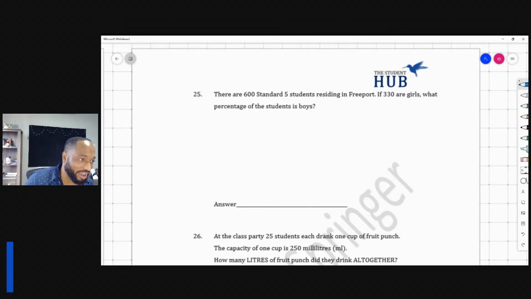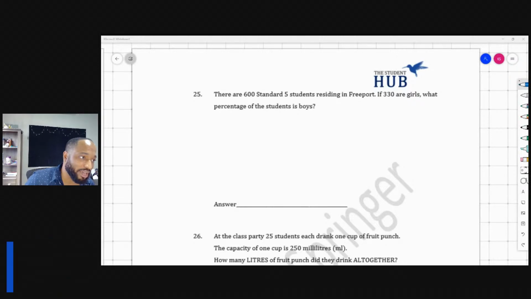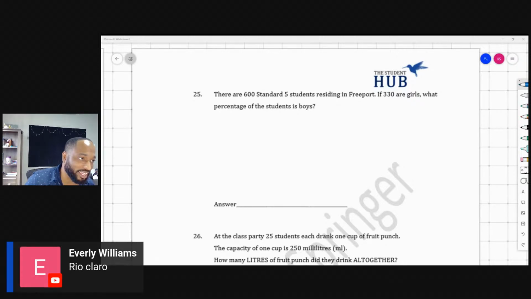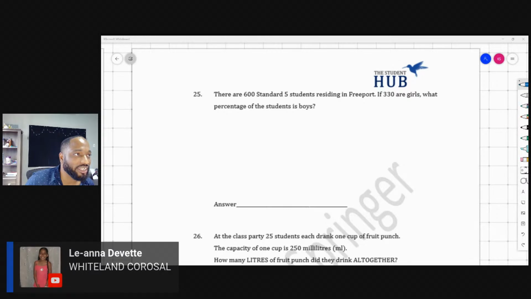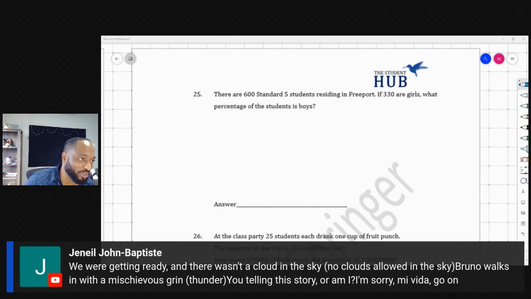I see Rio Claro in the house, Arima in the house, Arouca, Belmont, Rio Claro again. Wait, have a Rio Claro side here, look at Freeport, Whiteland, Coruscant, Trin City, Vista Bella, the whole of Trinidad inside here. Somebody had the whole Bruno song there.